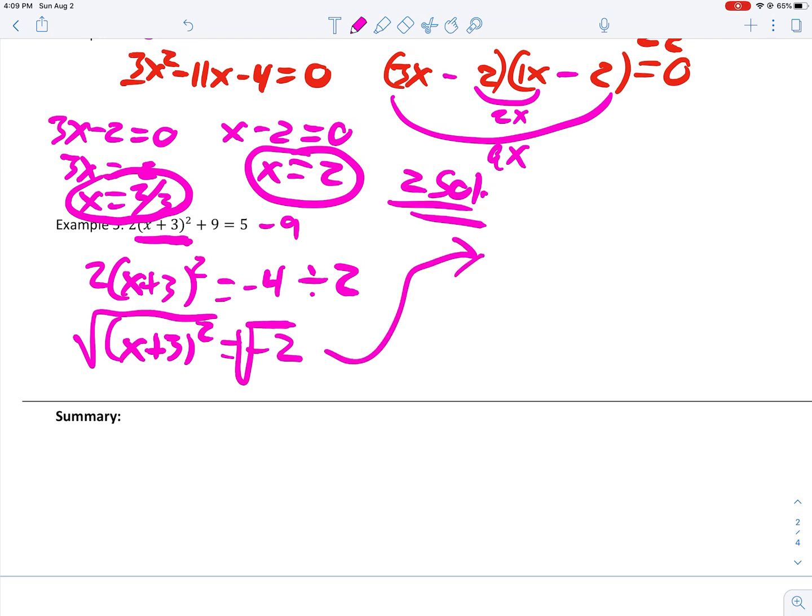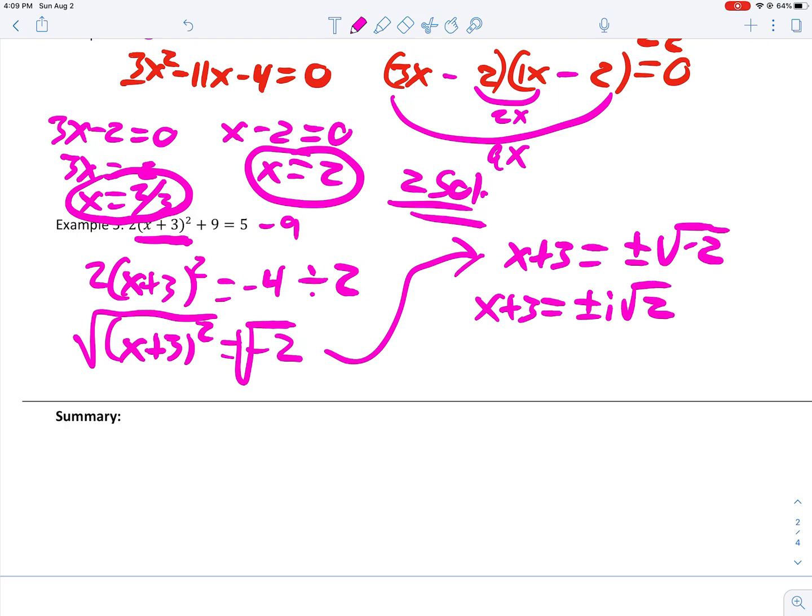Now I'm going to square root both sides. So coming over here, x plus 3 equals plus or minus the square root of negative 2. So I'm going to get imaginary solutions. So this would be plus or minus i root 2. And then subtract the 3 over.